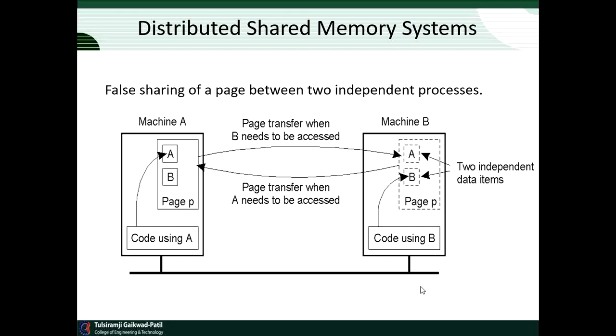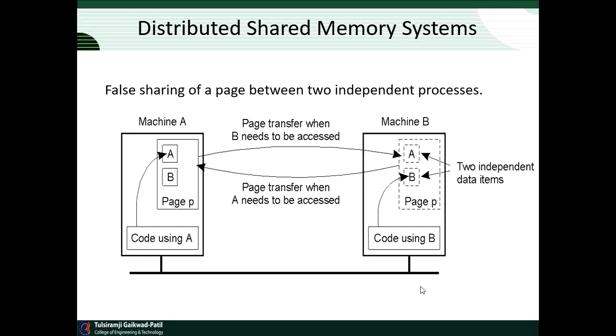So we can see the link from machine A to machine B and machine B to machine A, that is page transfer when B needs to be accessed, and page transfer when A needs to be accessed.